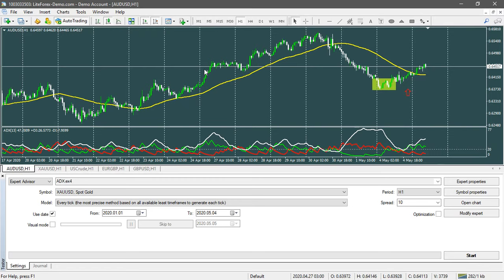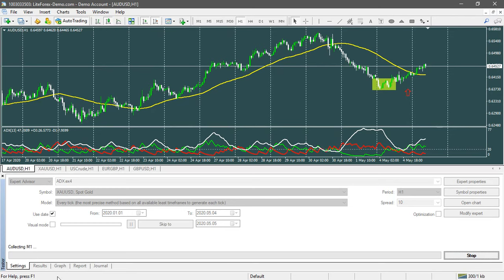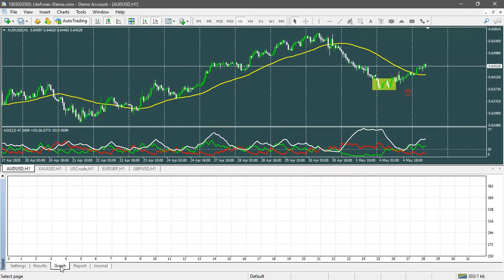But yeah, I'm going to run you a small sample of what this strategy can actually do. I'm going to do a small non-visual back test, just to show you how this simple strategy would perform from the beginning of this year to today, or yesterday evening. Let's do a quick non-visual test, and I'll show you the profitability graph.